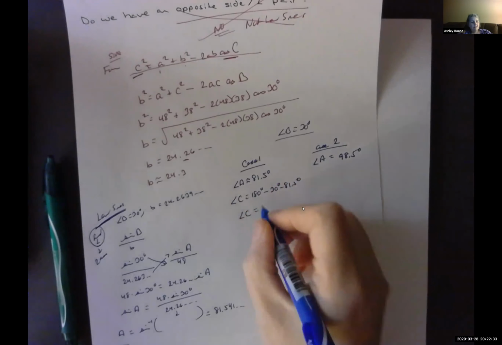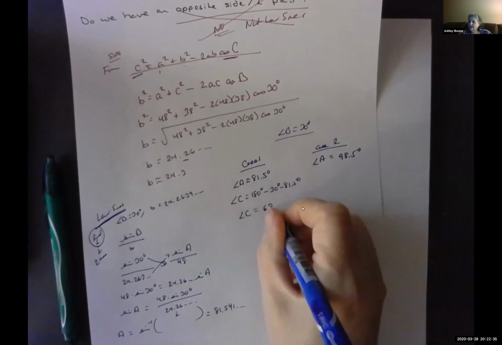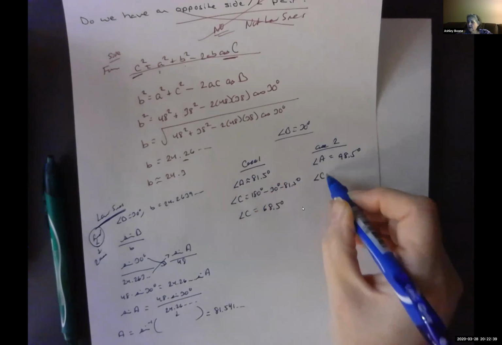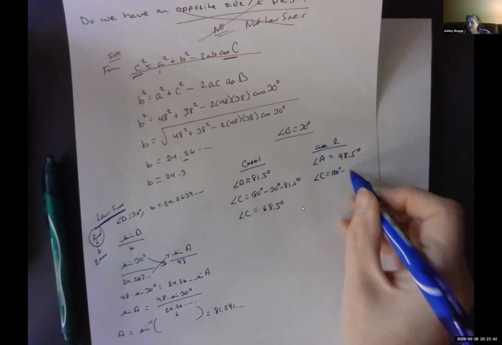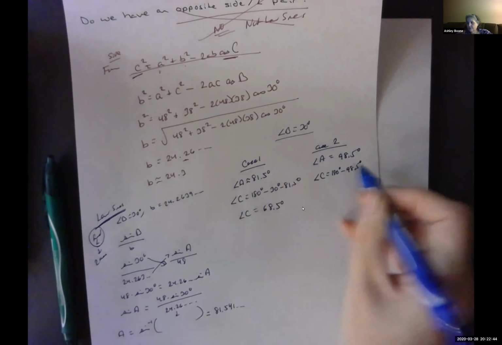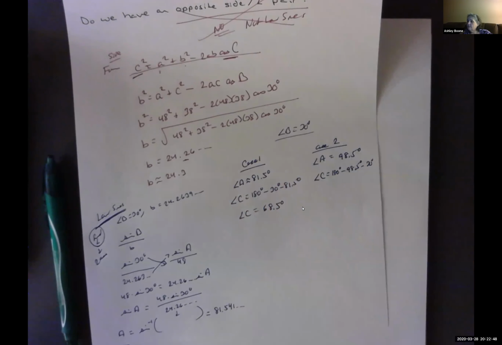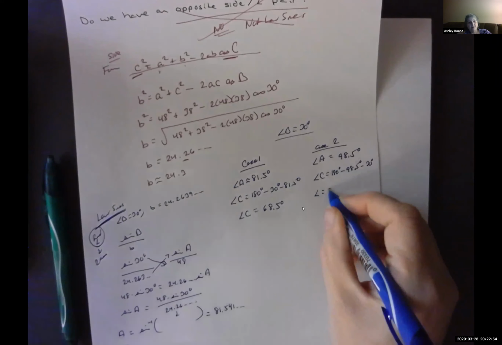So that would be 68.5 degrees in this case. In the second case, I'd go 180 degrees minus the 98.5 minus the 30. And I get 51.5.